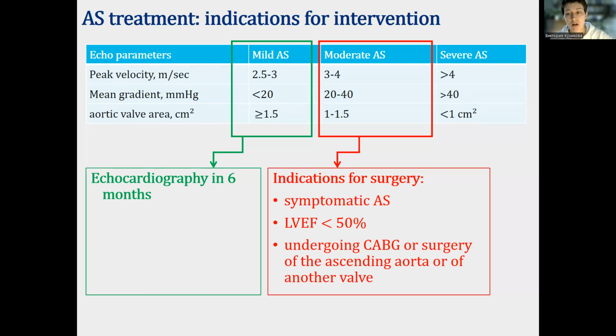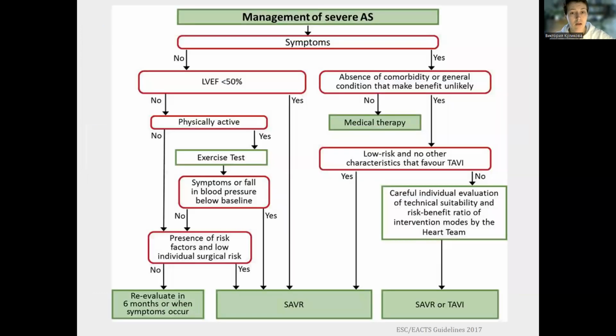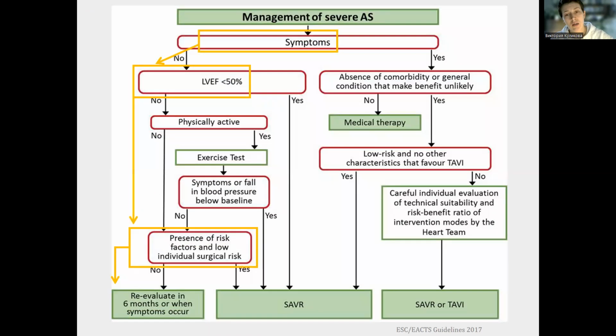If it's severe aortic stenosis, what do we have to do? So now about severe aortic stenosis. If there are no symptoms and left ventricle ejection fraction is more than 50%, and the patient has a high surgical risk, re-evaluate him in 6 months.